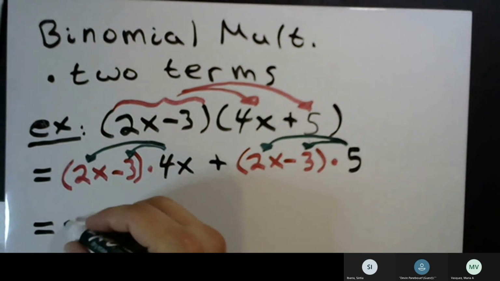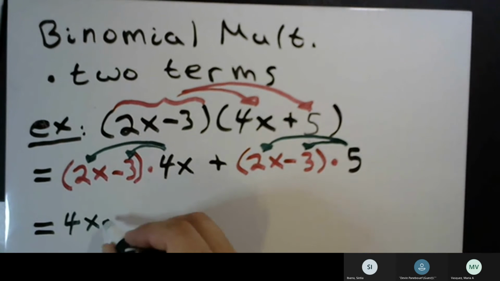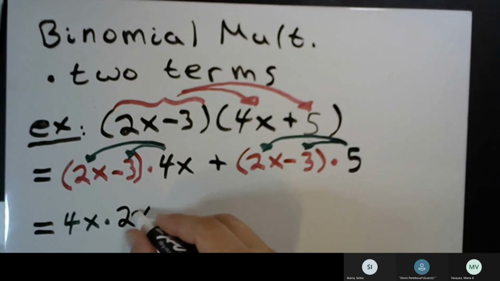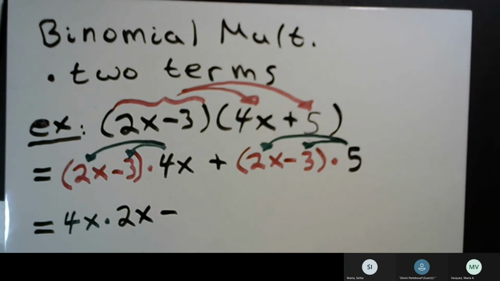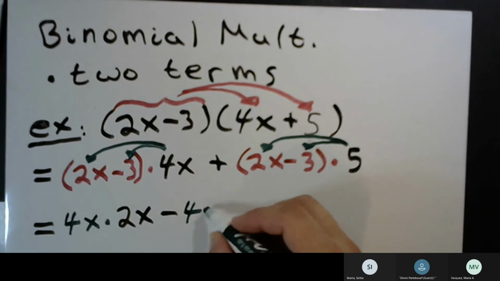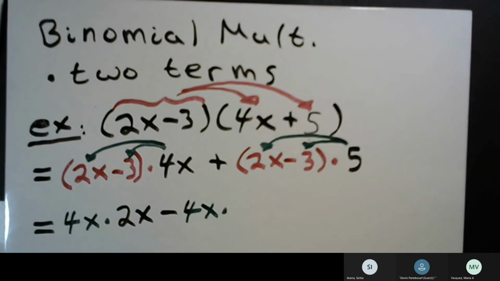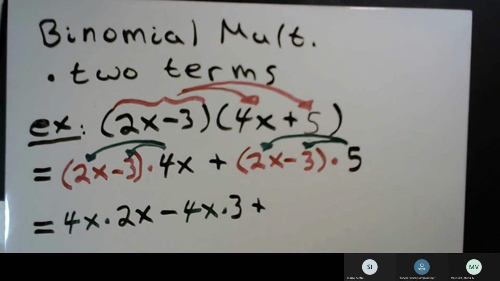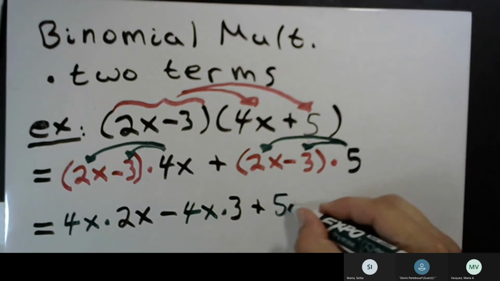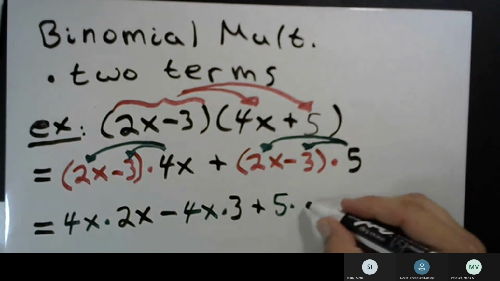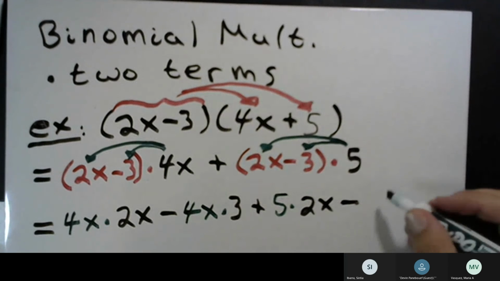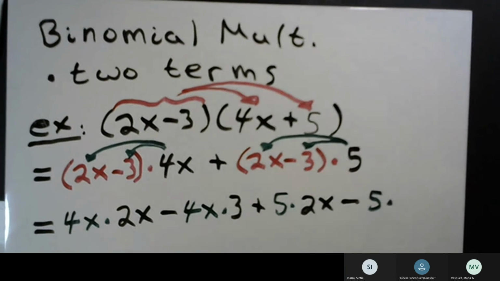And so we'll get 4x times 2x minus 4x times 3 plus 5 times 2x minus 5 times 3.